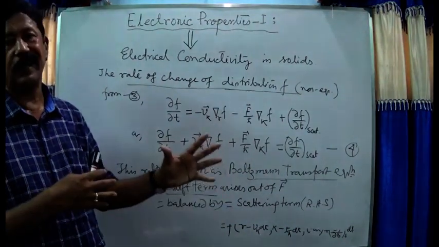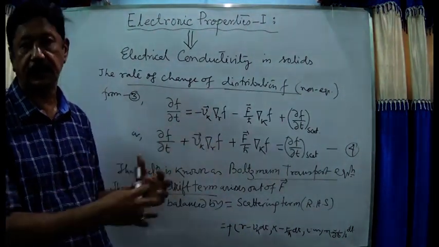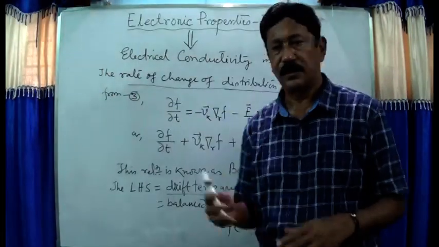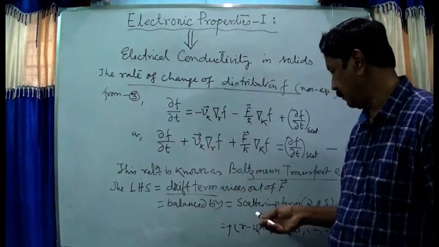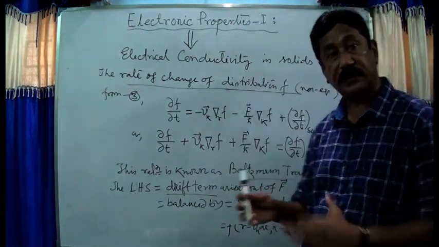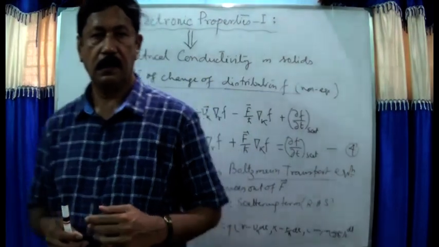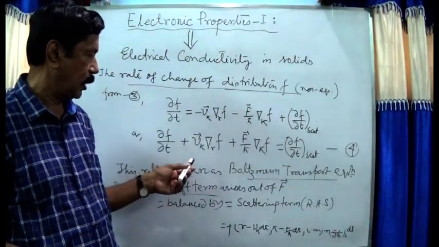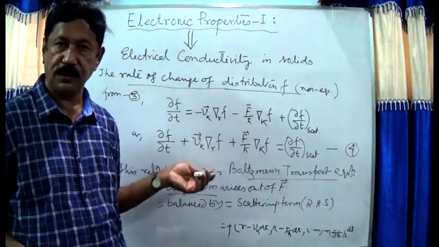So external field causes some drift factors, and that drift factor is assumed to be balanced by the scattering factor, right? So this is the interesting point of the Boltzmann transport equation.